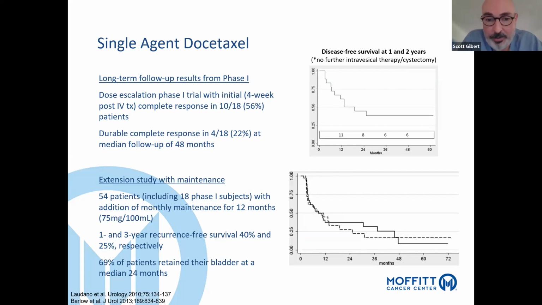So in the ballpark of what you saw with single agent gemcitabine. And about 70% of patients still had their bladder at 2 years. So there was some value to giving this agent if the patient's goal was to try to control their disease and avoid a cystectomy.